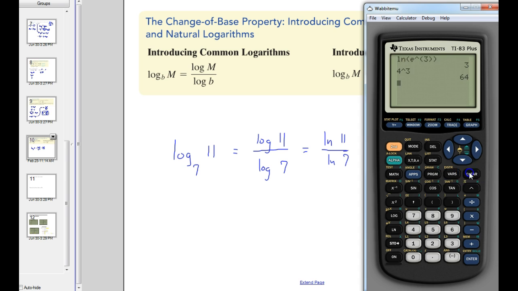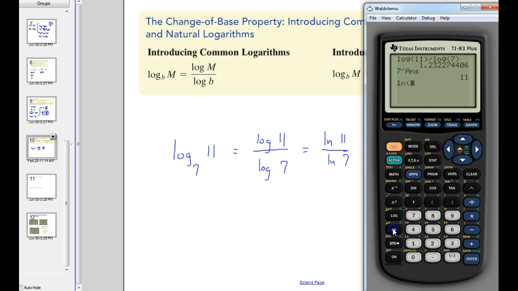Alright, and just so you can see here, I got the log of 11 divided by the log of 7. Alright, and then there's that number. Remember, what is this number? It's what I need to raise 7 to get 11. So 7 raised to the answer, 7 raised to this power equals 11.